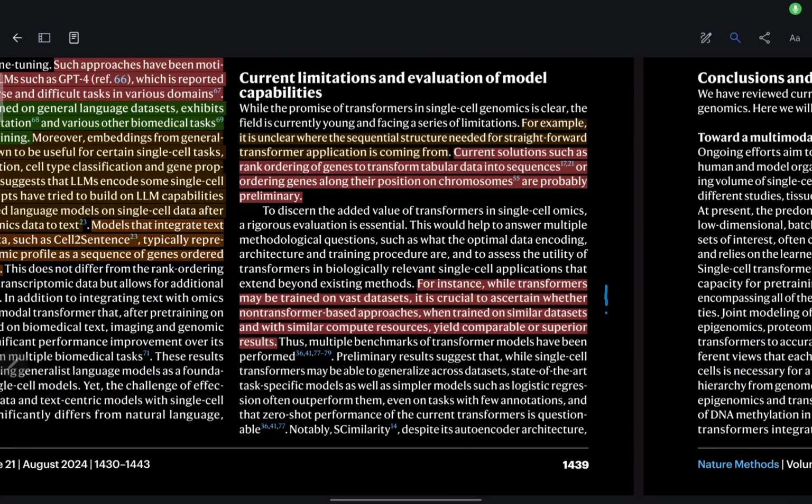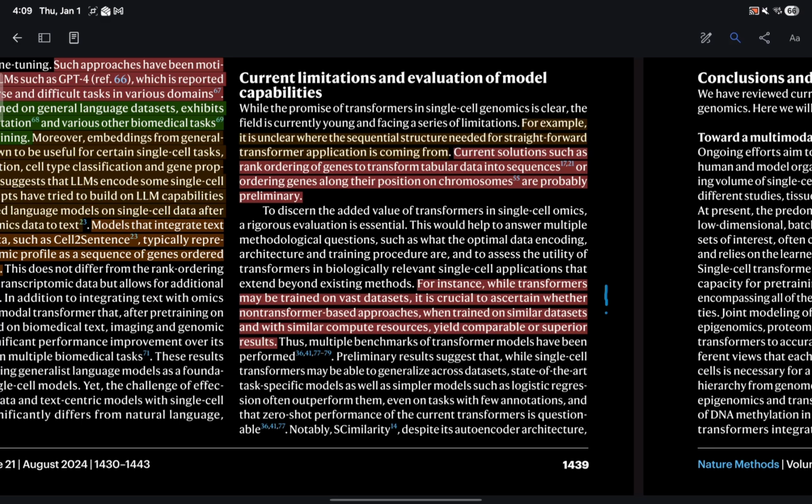And it brings me to the last words of the authors, which told us that while transformers are cool, we are not sure yet, if we train other models, especially much simpler models, with the same amount of computation and the same amount of data, how they will differ and how they will perform.